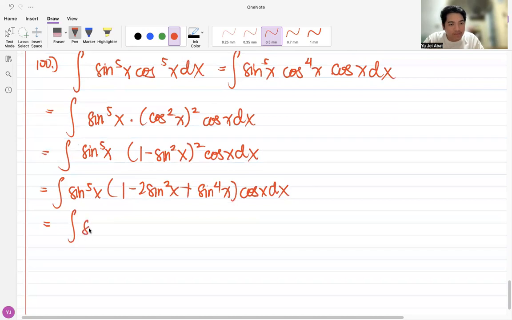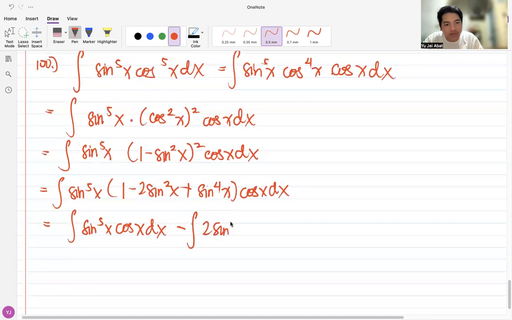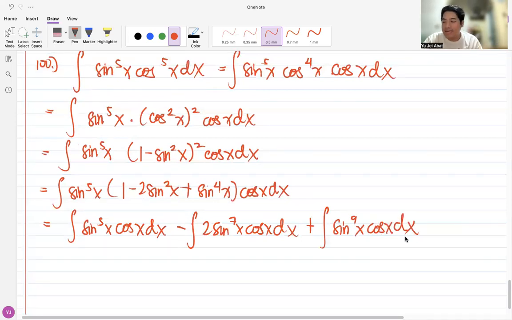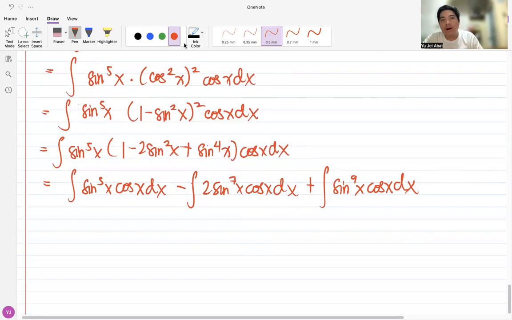So you already have sine raised to 5 x cosine of x dx minus integral of 2 sine raised to 7 of x cosine of x dx plus integral of sine raised to 9 of x cosine of x dx. So I have already distributed both the sine 5 of x and the cosine of x dx here, so that we can see how we are going to solve this.